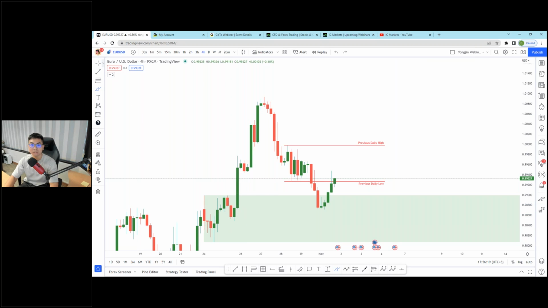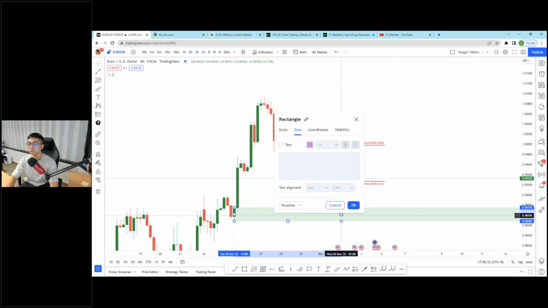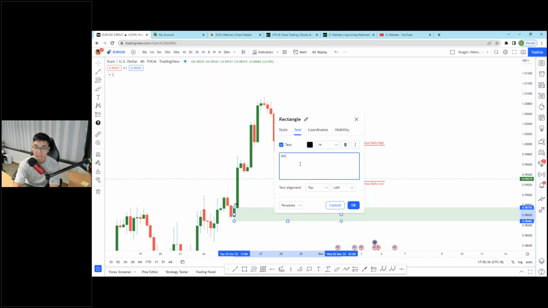So it's the 4 hours demand zone. I noted this area out and wrote it as my H4 points of interest, H4 demand, the points of interest that I'm looking for price to tap into.